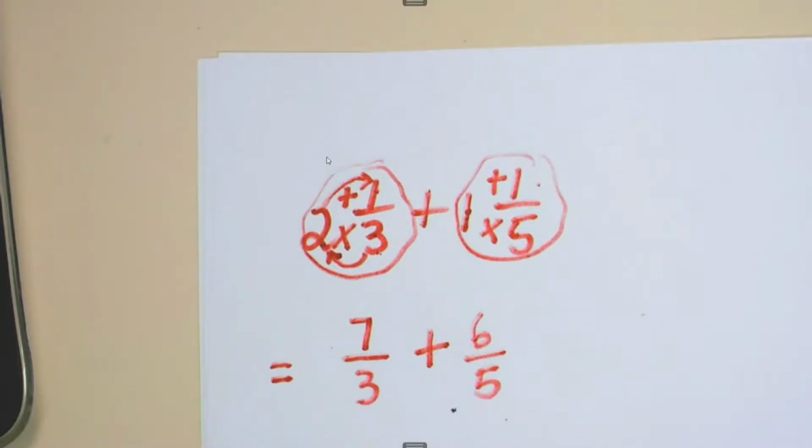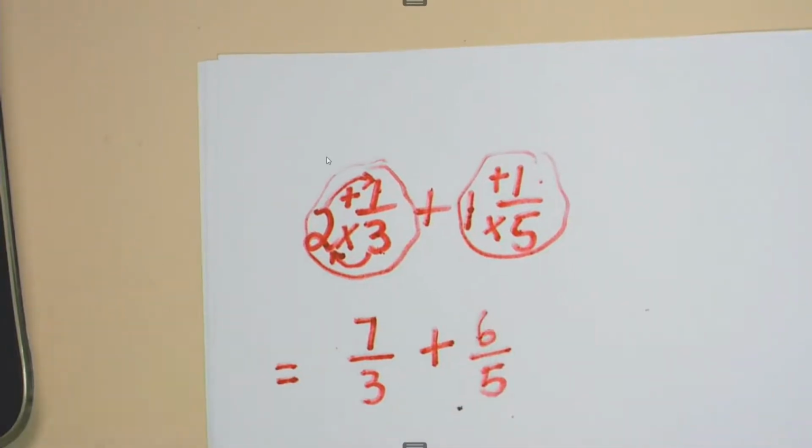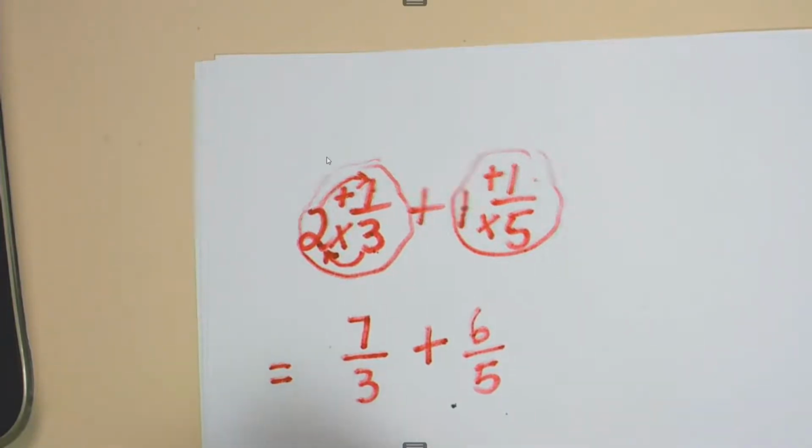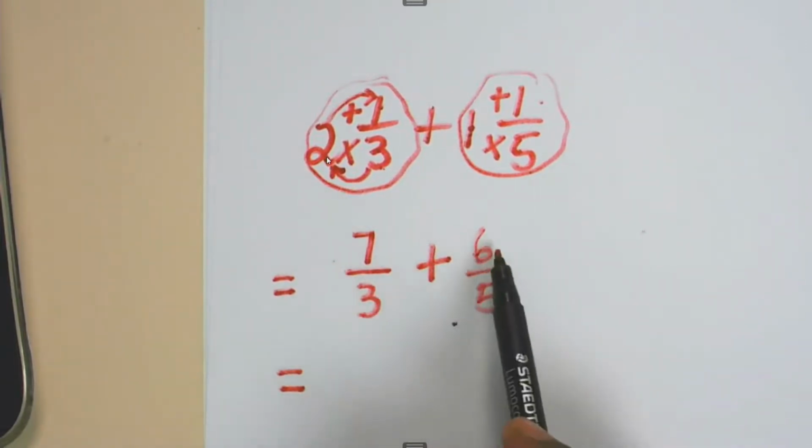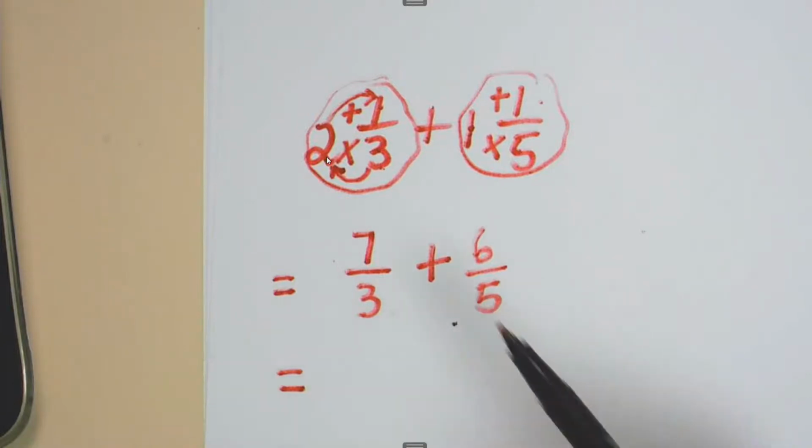Now, we have improper fractions. Our question was to add the mixed numbers. Since they are like this, we cannot add numerators. Why? Because the denominators are not the same.